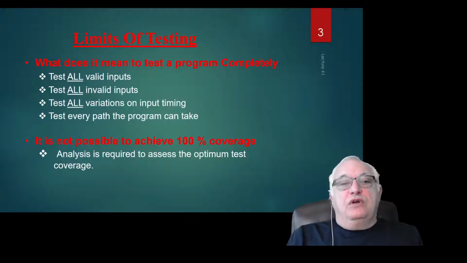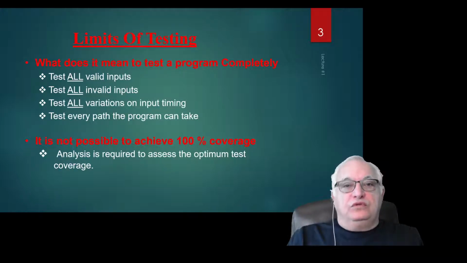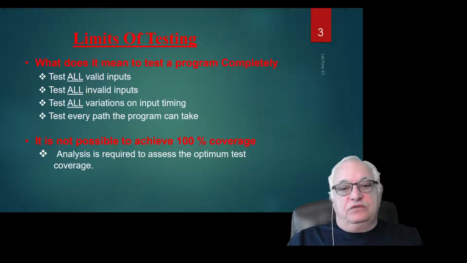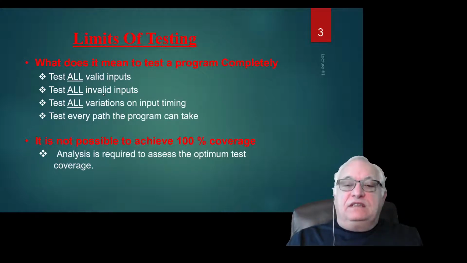Also, you have to realize that it is impossible for you to test the software completely. Now, what does it mean to test the software completely? It means that you're going to test all the valid inputs. You're going to test all the invalid inputs. Right there you have infinite test cases.